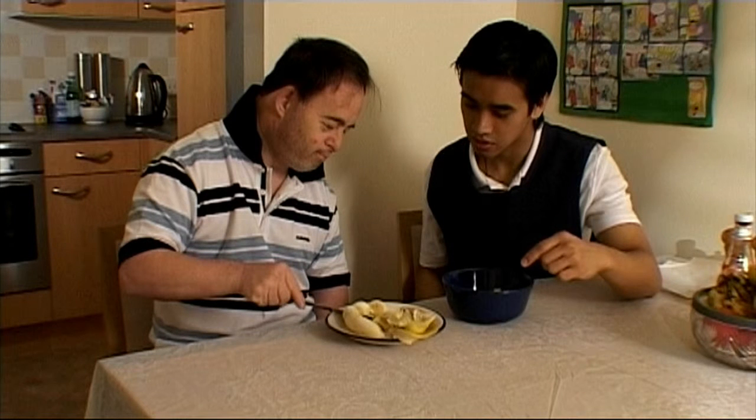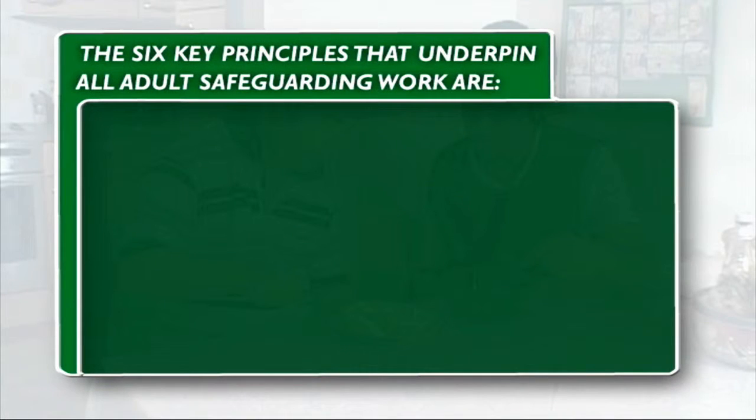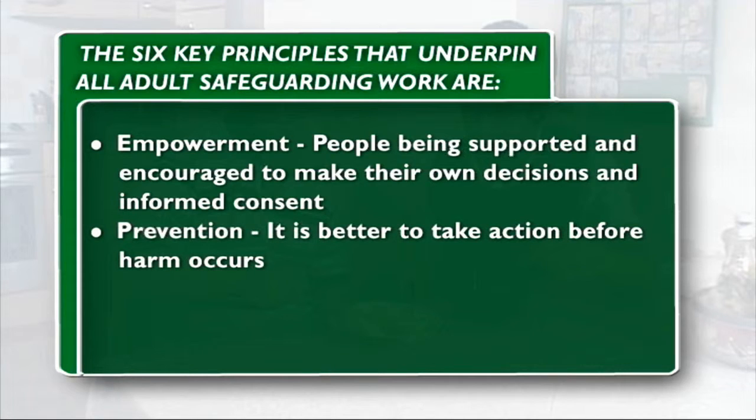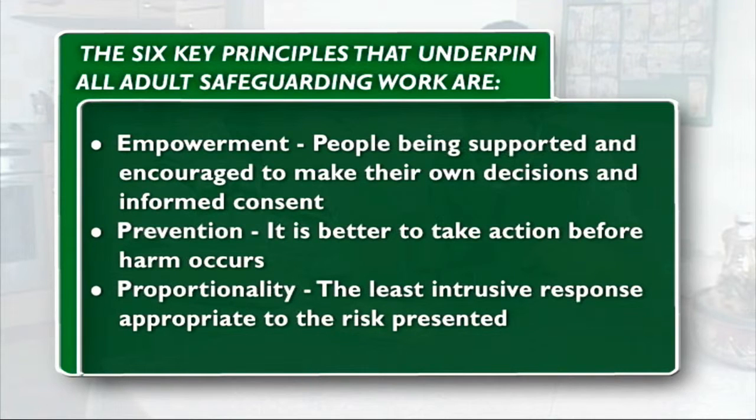6 key principles underpin all adult safeguarding work. Empowerment. People being supported and encouraged to make their own decisions and informed consent. Prevention. It is better to take action before harm occurs. Proportionality. The least intrusive response appropriate to the risk presented.